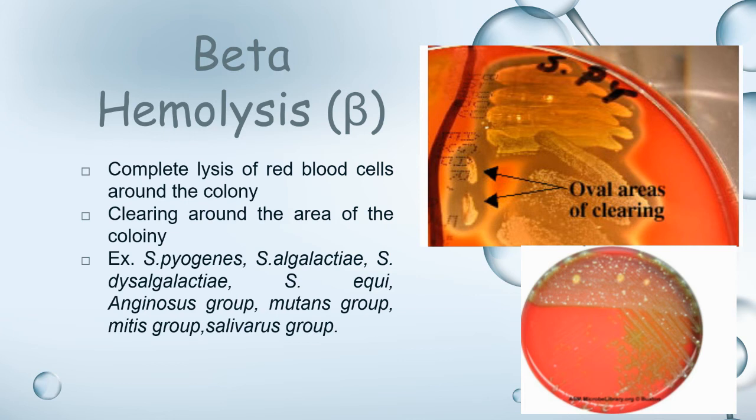Yung stabbing increases the hemolysis reaction. Ay, yung stabbing kasi, ang ginagawa niya is ine-expose niya yung agar sa air. Okay? Kasi nga yung hemolysin O, sorry. Yung hemolysin O is inactive in the presence of oxygen.